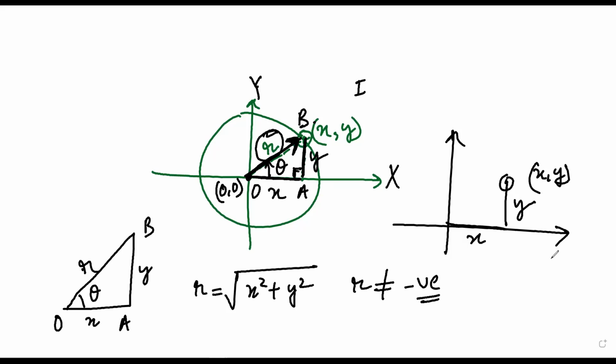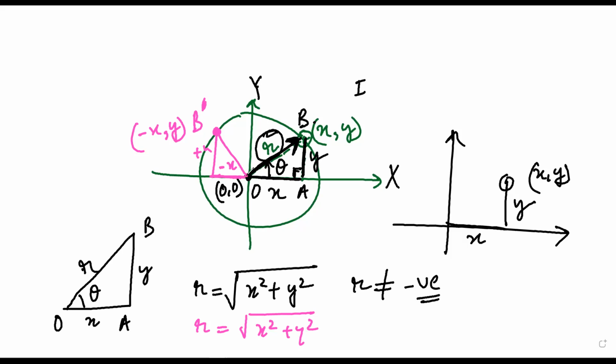What I mean by this is that if the point B comes here, it becomes B dash. Now, if you see, this would be negative x and this would be positive y. B dash would be defined as minus x comma y. Any doubt? No. But the value of r would remain root of x square plus y square. Do you see that?